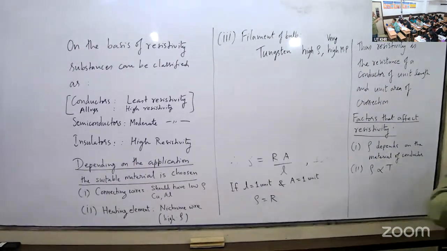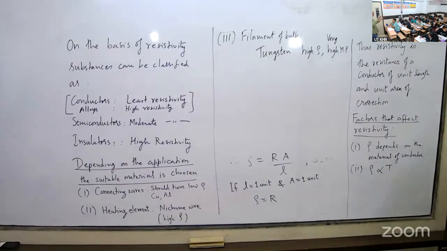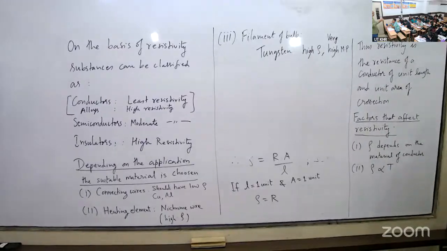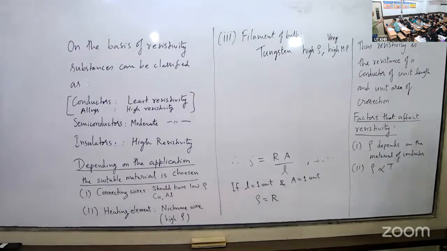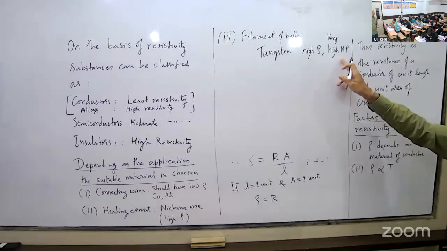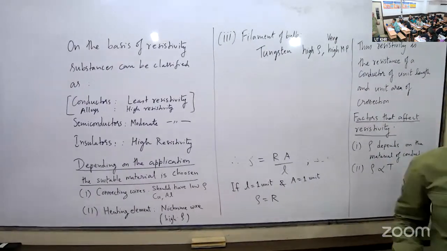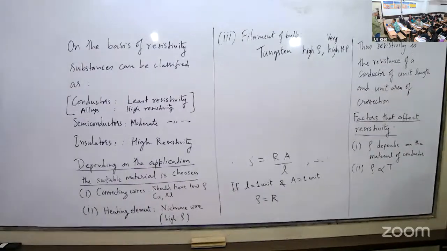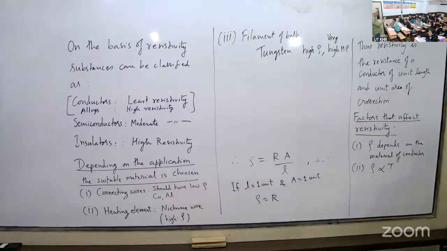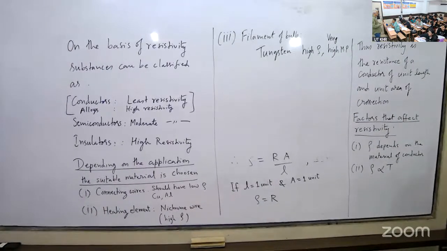Because when the bulb filament glows, it becomes heated and then it begins to glow, but it should not melt. It should keep glowing and giving us light. So its melting point is very high. Any idea what's the melting point? Almost 4,000 Celsius, or 3,080 or something. Just check, it might be given.